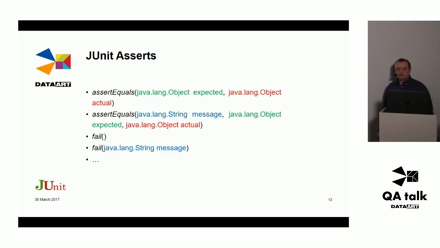If we talk about asserts, the only difference in many cases is the order of these parameters. So in JUnit, firstly we have expected result, actual result, and on the first place we can put the error message, and we have two fail overloaded methods.